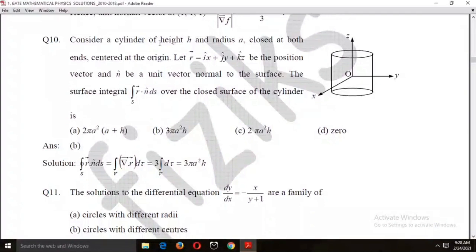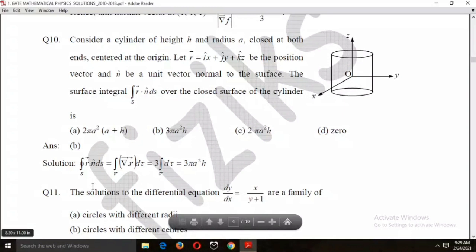Next, consider a cylinder of height h and radius a, closed at both ends, centered at the origin. Let r equal x i cap plus y j cap plus z k cap be the position vector and n cap be a unit vector normal to the surface. The surface integral of r dot n dS over the closed surface of the cylinder is... So it's a very simple question.